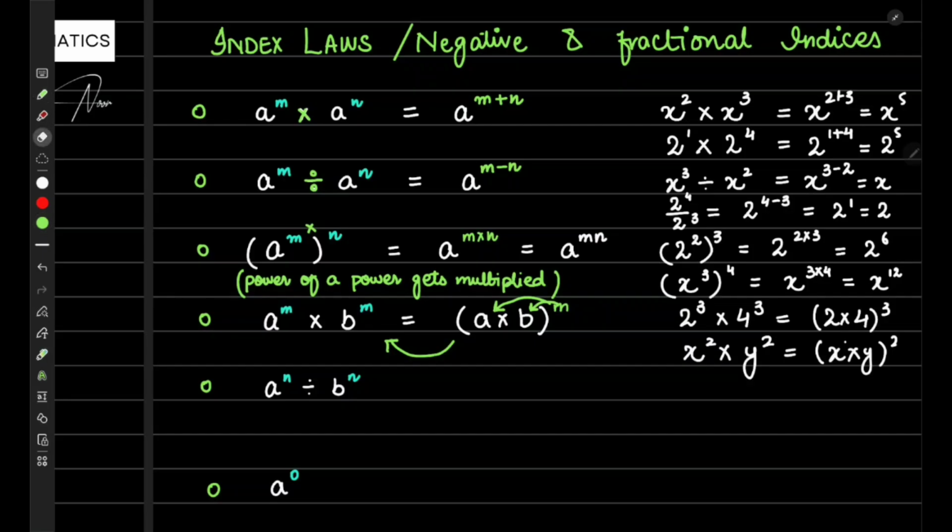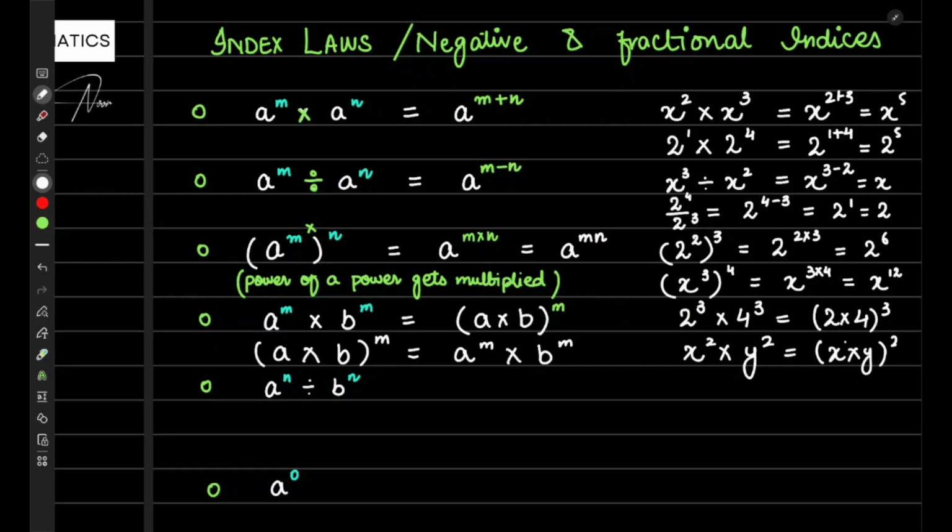I want to rewrite it, because this is the same rule that applies both ways. So let's write this down: if you have a times b whole power m, that also means you can write it as a to the power m times b to the power m. The power got distributed.